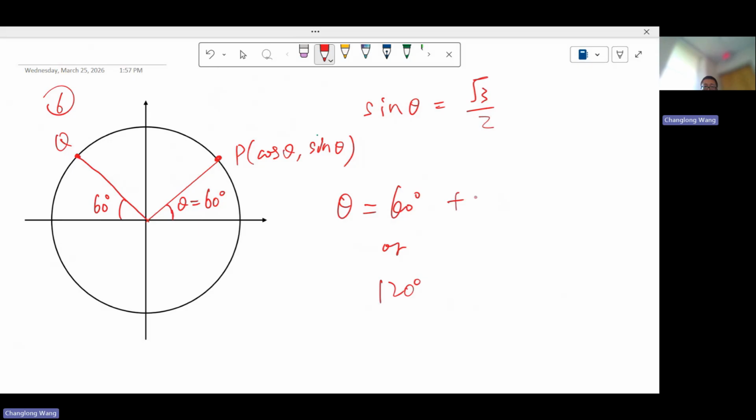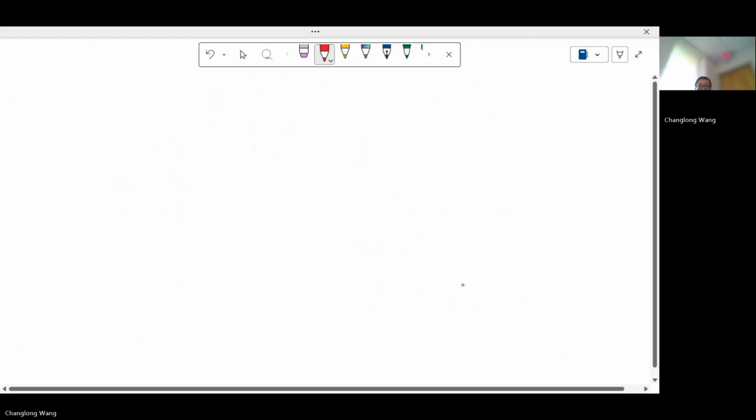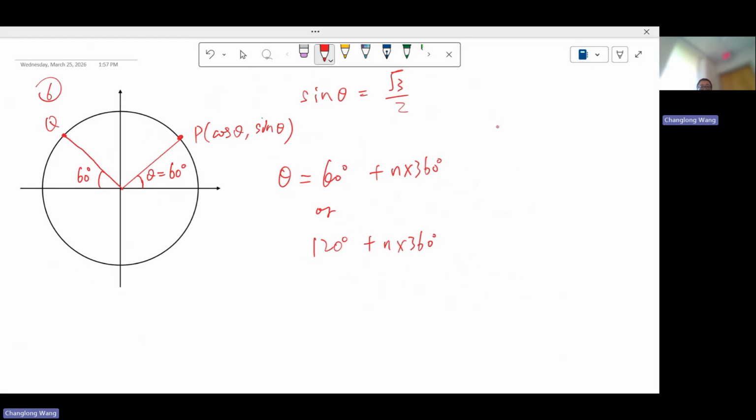And don't forget, add the multiple of 360. Okay, that's it, right? It didn't really take us more than a couple minutes to get everything done perfectly. And it could be even faster once you're able to figure that out on the entire sheet. Okay. And you're now going to be looking at number 7.